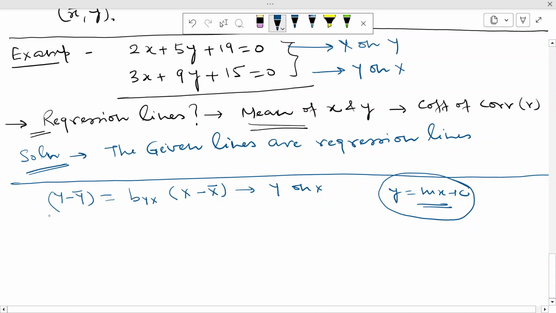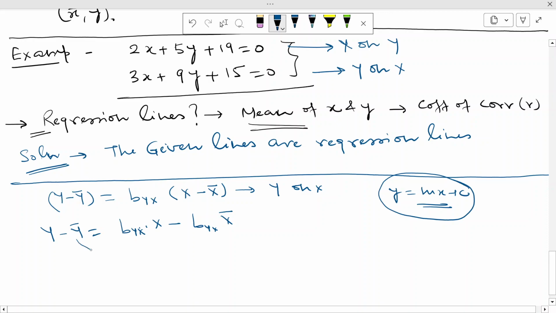You can convert this equation to y minus y bar is equal to byx into x minus byx into x bar.